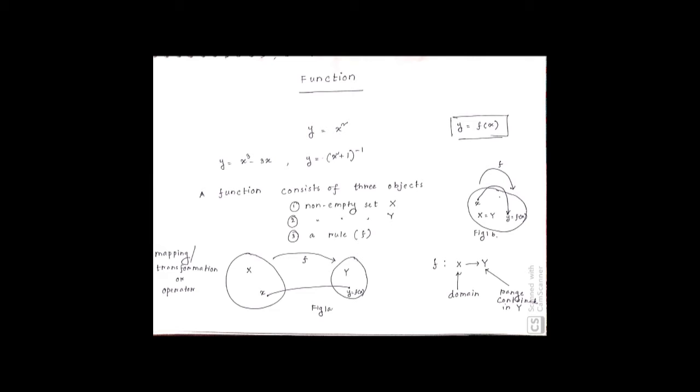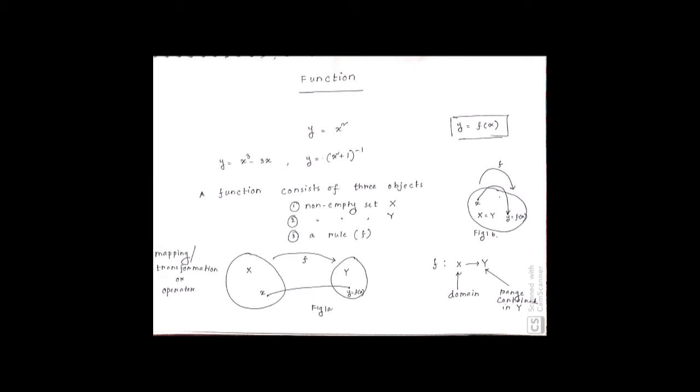By way of illustration, suppose that X is the set of all squares in a plane, and that capital Y is the set of all circles in the same plane.